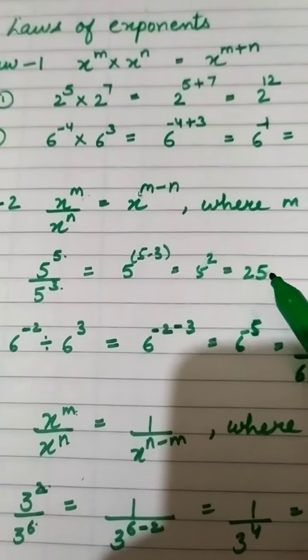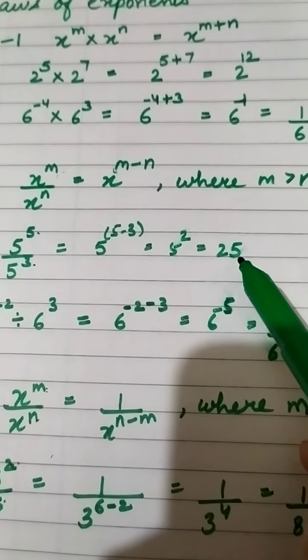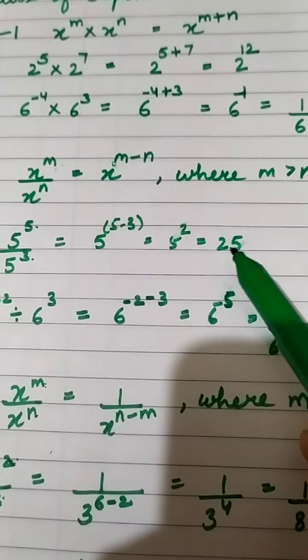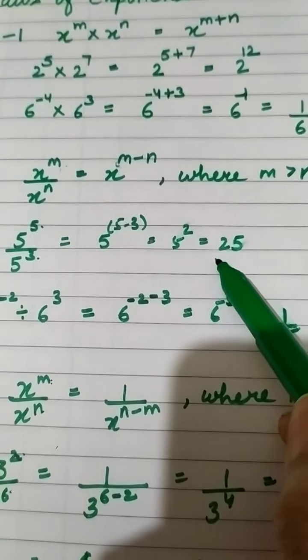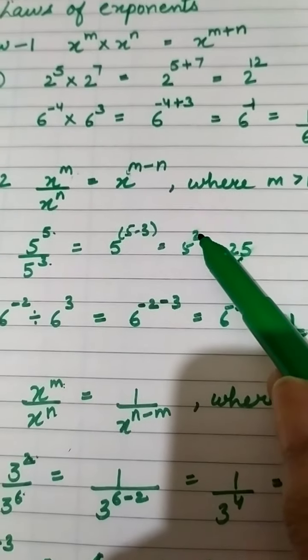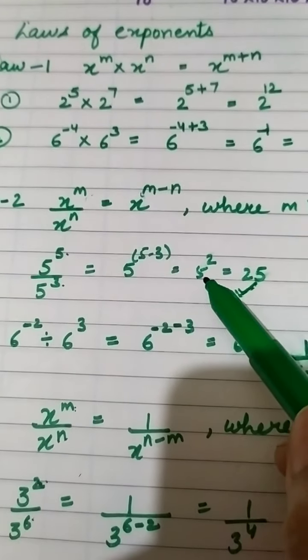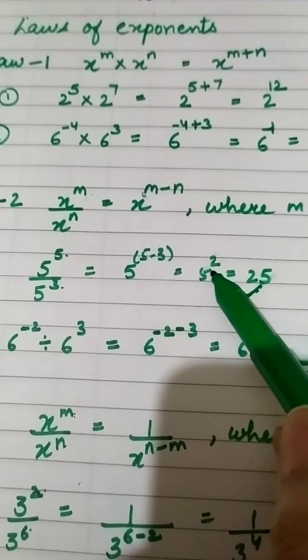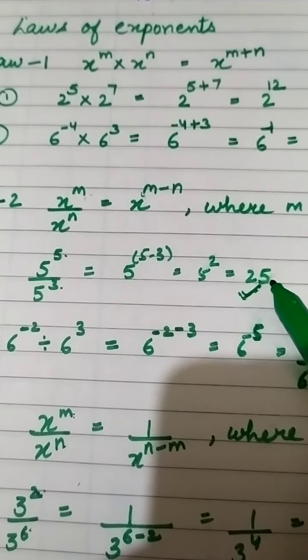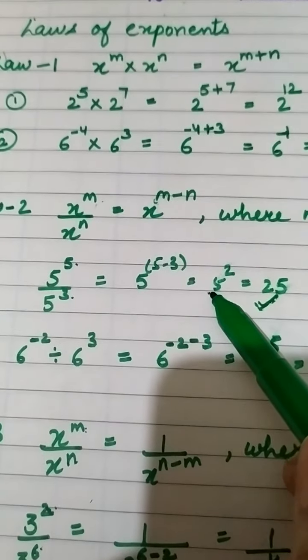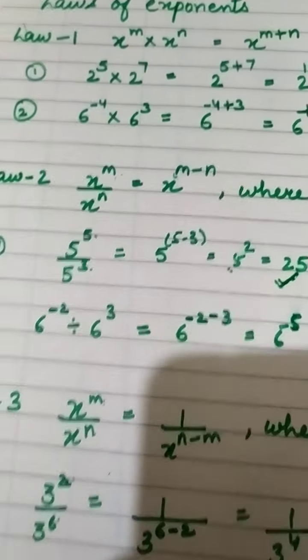One more thing, children: if the question asks you to simplify, then 5 raised to the power 2 will be 25. And if it asks you to leave your answer in exponential form, then don't write it like this; leave your answer in exponential form only.